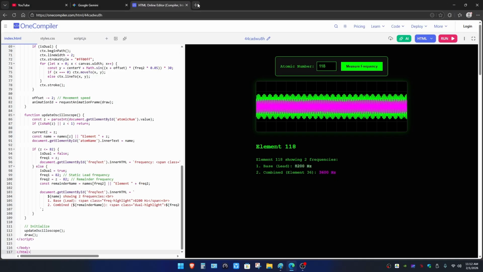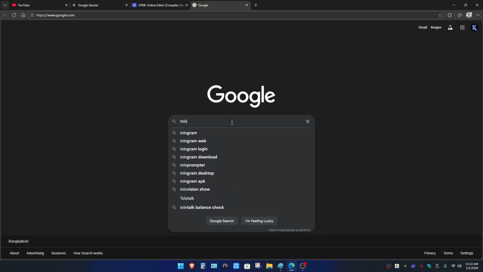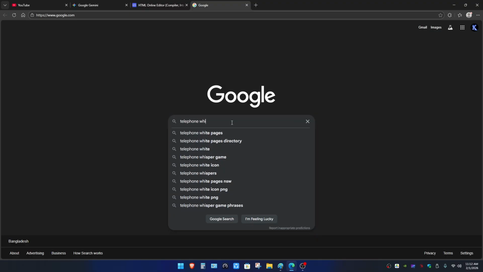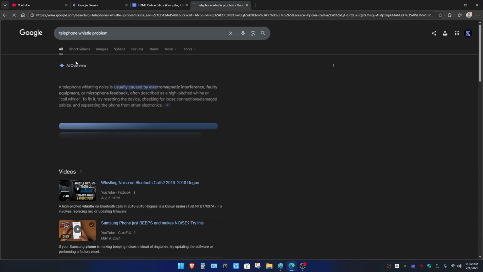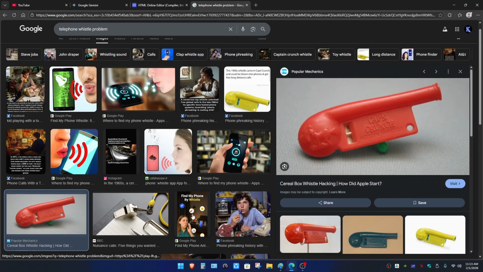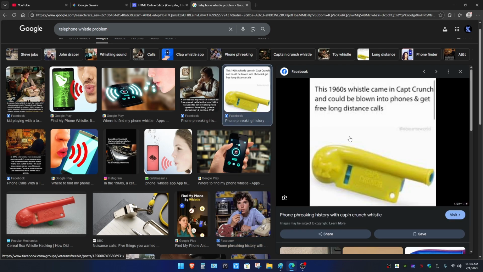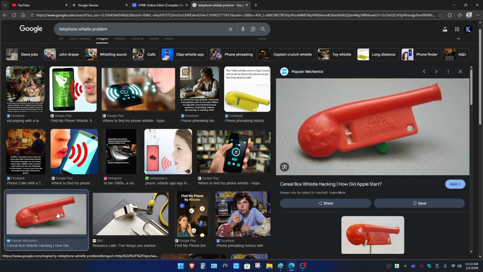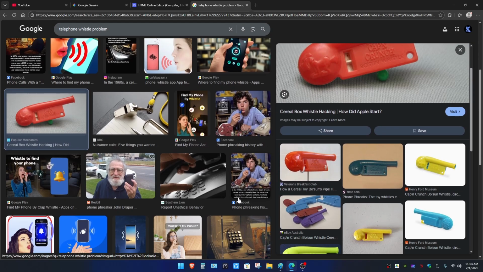Allow me to explain. The telephone line problem, the whistle problem. In the old times, there used to be a device like this. Back when the telephone was like this, there was an issue where a vibration from this would automatically cause confusion with the dial device.